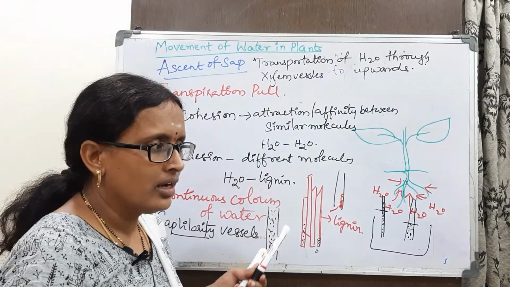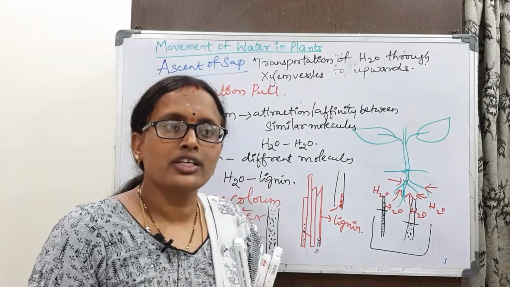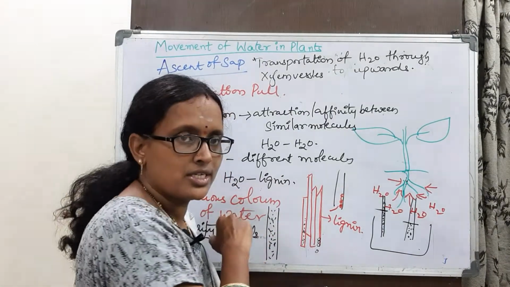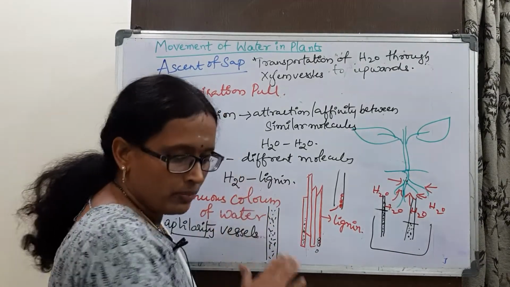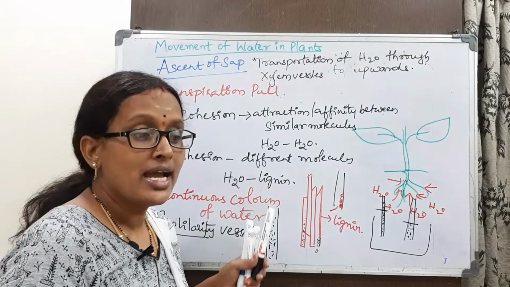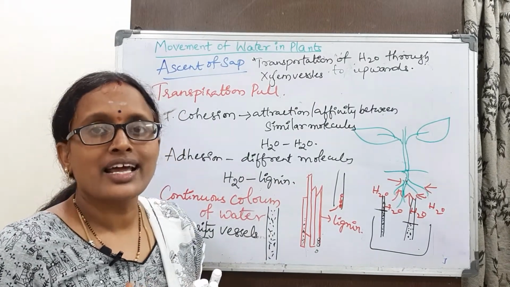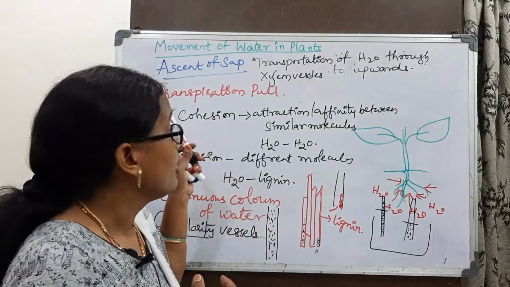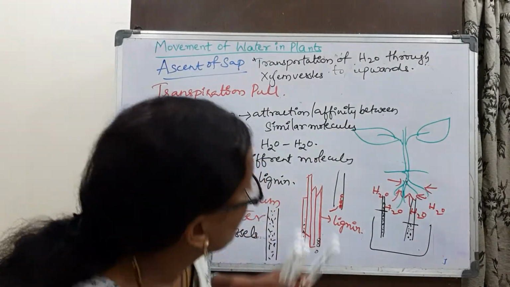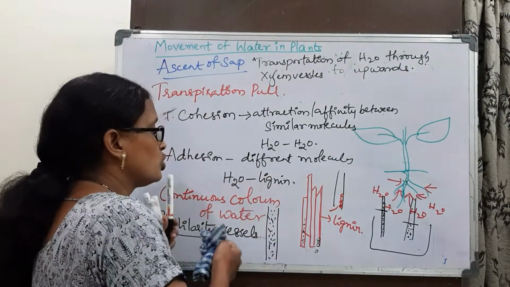The water absorbed by the roots has to reach the xylem vessels. So the water properties are adhesion, cohesion and capillarity of the vessels. Next, transpiration pull is created, and only then is the water moved upwards.